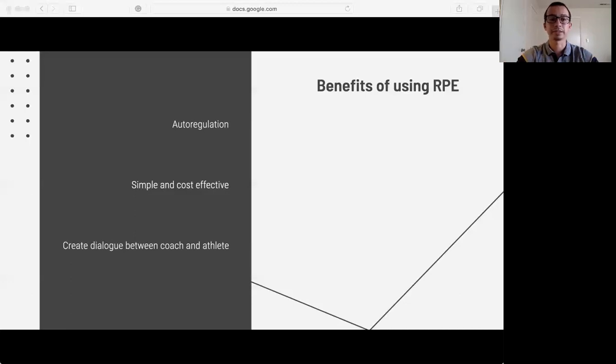So it kind of gives us a more objective way of programming for them when we're not having all this contact with the athletes and they don't have all the resources necessary for us to lay out this program for them.